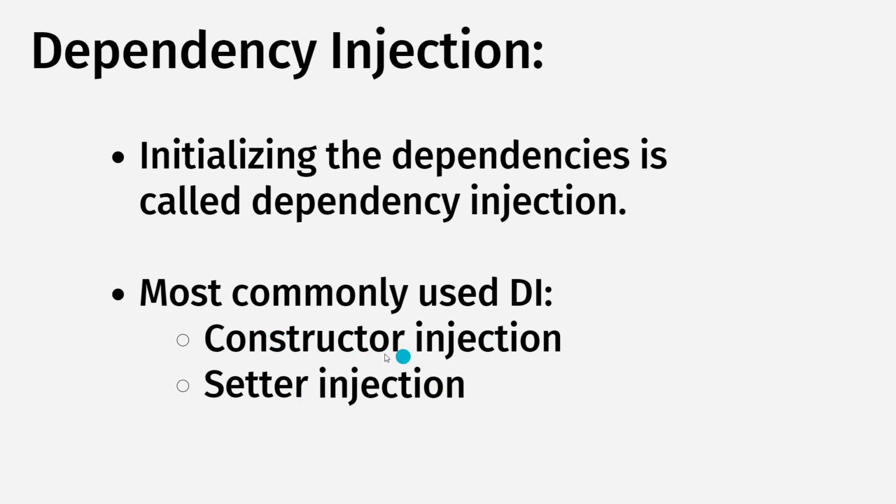Constructor injection, as the name suggests, means we inject, that is initialize, those reference variables and instance variables through the constructor only. Setter injection means we inject, or initialize, those dependencies with the help of setters. These are the most commonly used dependency injection types. We will learn about them in the next video.